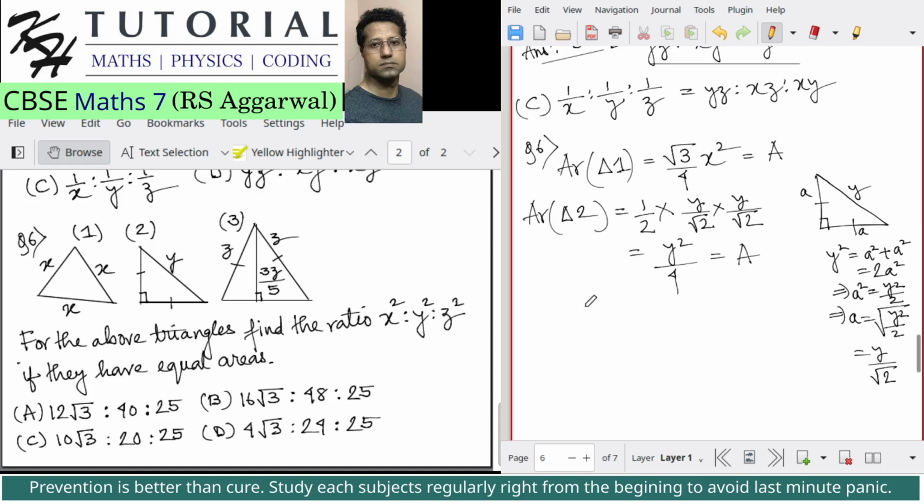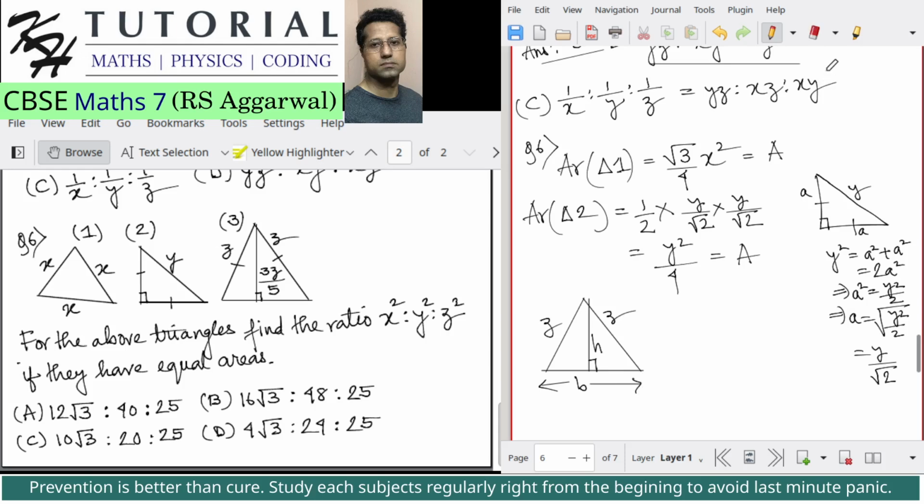And for the third triangle, you know that this is an isosceles triangle where the length of the equal sides is given as z, and the height is perpendicular to the base. If we consider this as the base, let's say its length be b and this height be h.